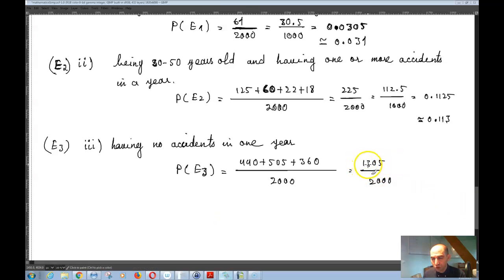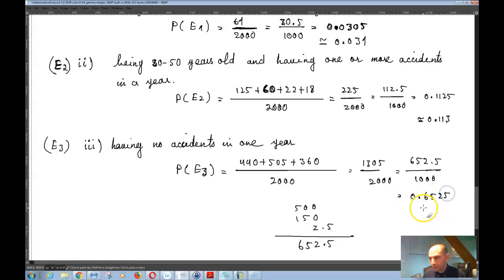Divide this by 2, you will get 652.5 divided by 1000, which is the same thing as 0.6525. So you can take this as approximately 0.653.